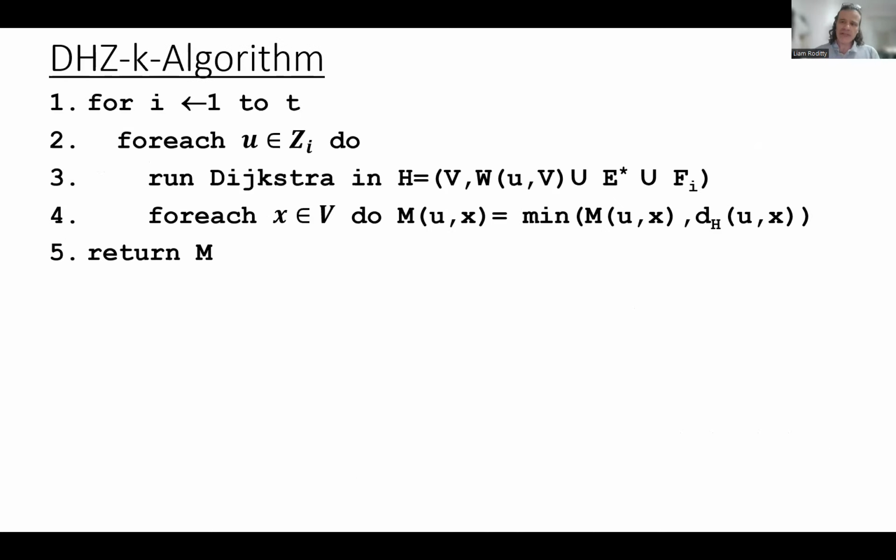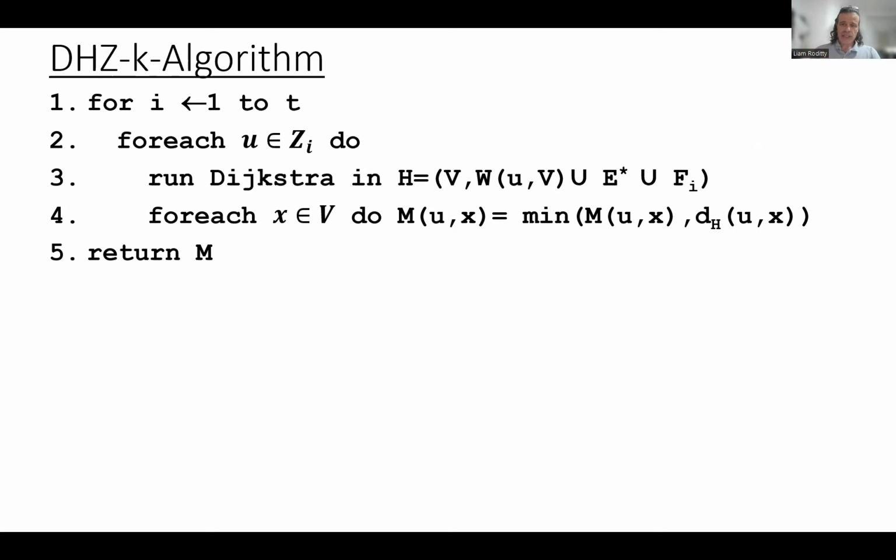So other than all these definitions, which are quite confusing, the algorithm itself is very simple. We just have t iterations, and in the ith iteration, we run on all the vertices in Zi. And for each such vertex, we run Dijkstra in a special graph. The graph is composed of shortcut edges that we add from U to each vertex of the graph, whose weight is taken from the matrix M, the current value that we have there.